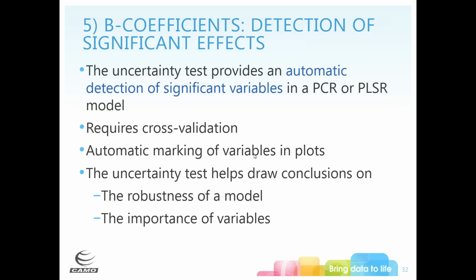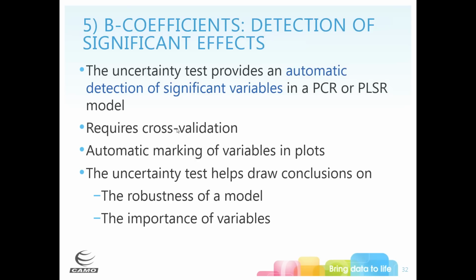So the B coefficients, again, the uncertainty test provides an automatic detection of significant variables. Again, make sure that you look at these yourself and that they make sense. If you cannot interpret them, then that's a bad thing. You need to look at it a little bit more deeply. It requires cross-validation, so you have to do a cross-validation.